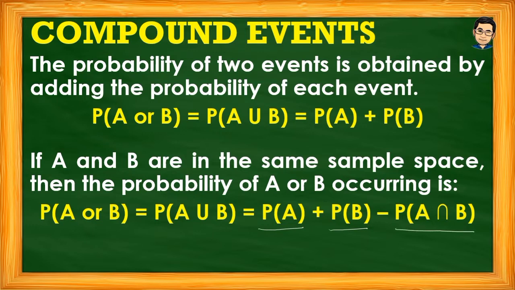Ito naman pong symbol na yan, that is intersection. Ibig sabihin, kinukuha po natin yung common elements. So kapag union, pinagsasama. Kapag intersection, again, kinukuha natin yung mga elements na common sa mga events.